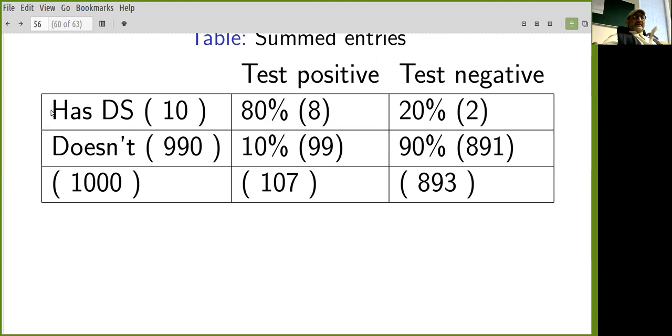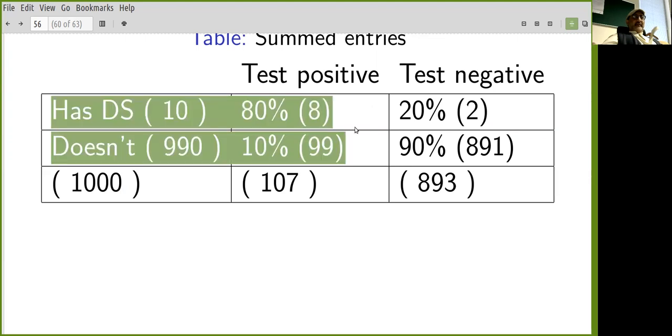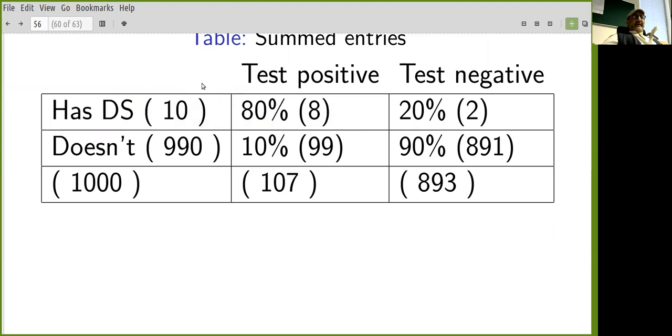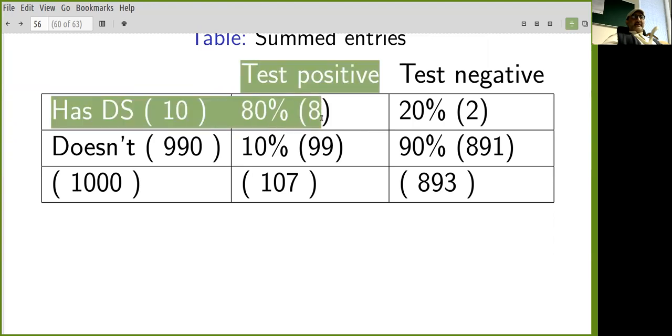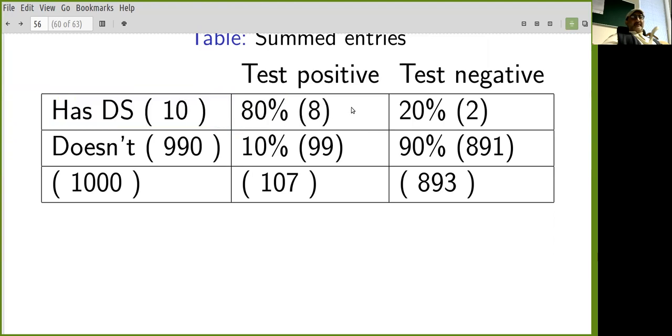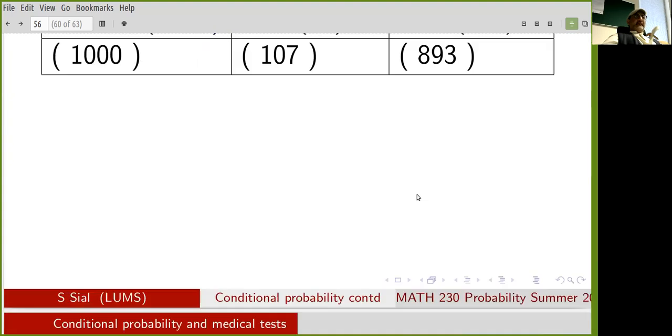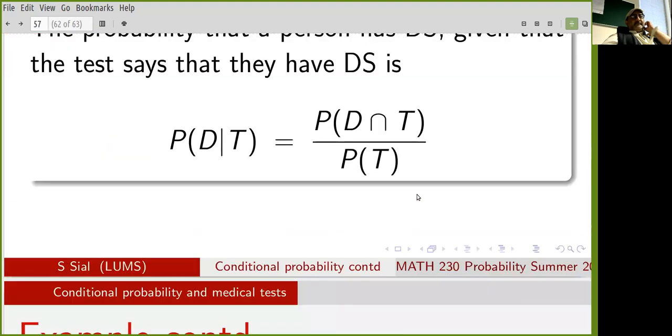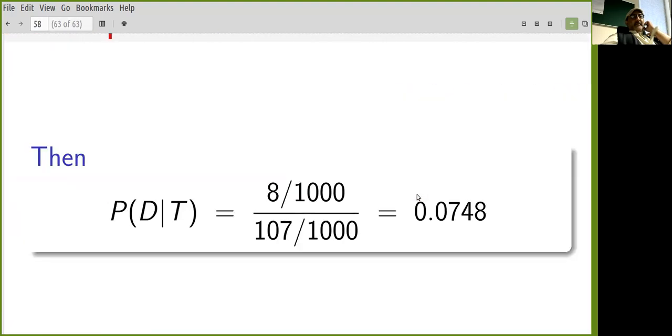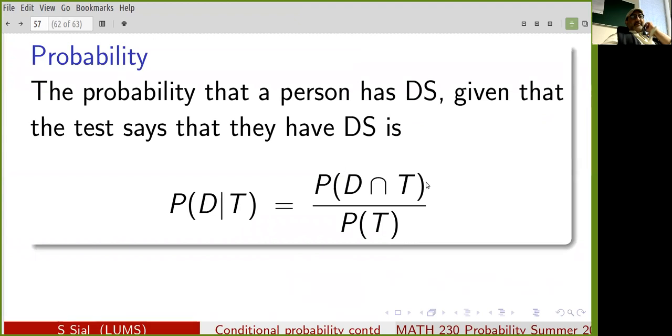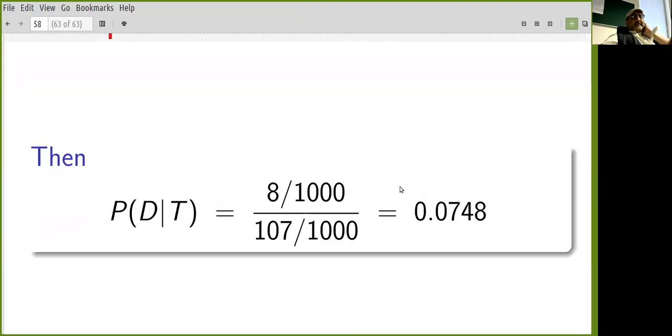They both have the disease and the test says that they have the disease. That's this here, 8 out of 1,000. So the probability of D intersection T is 8 out of 1,000.